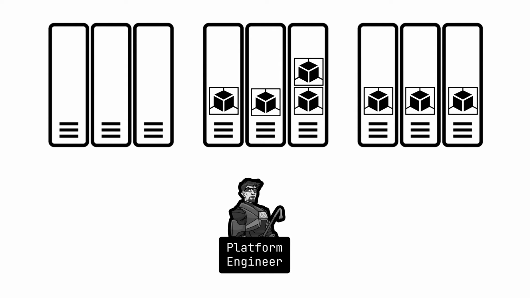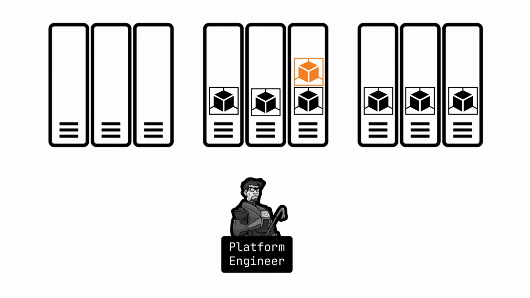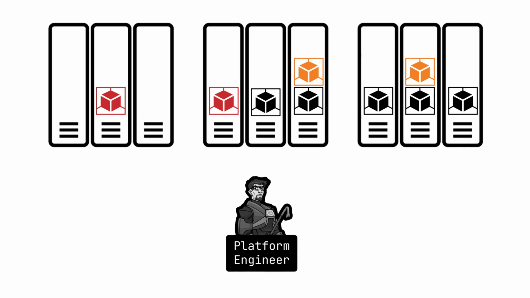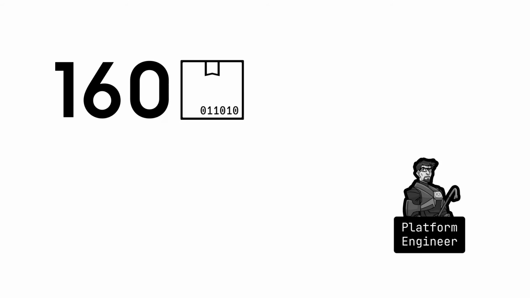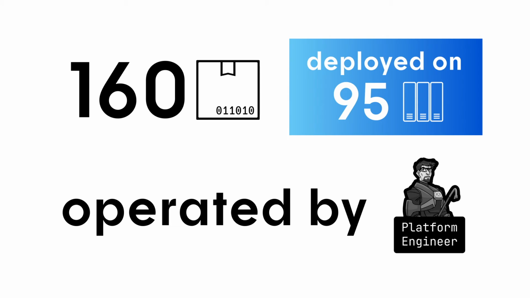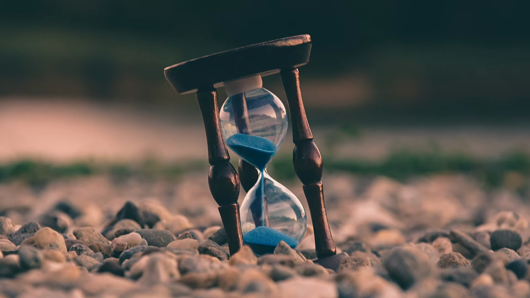To achieve high availability, platform engineers also deploy applications more than once on different servers. But today, platform engineers are operating 160 applications on 95 servers. Organizing and optimizing them is time-consuming.